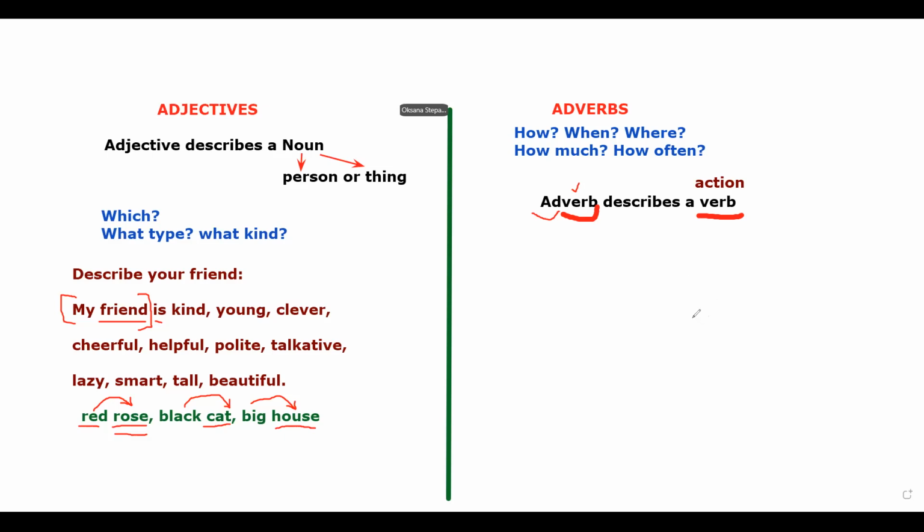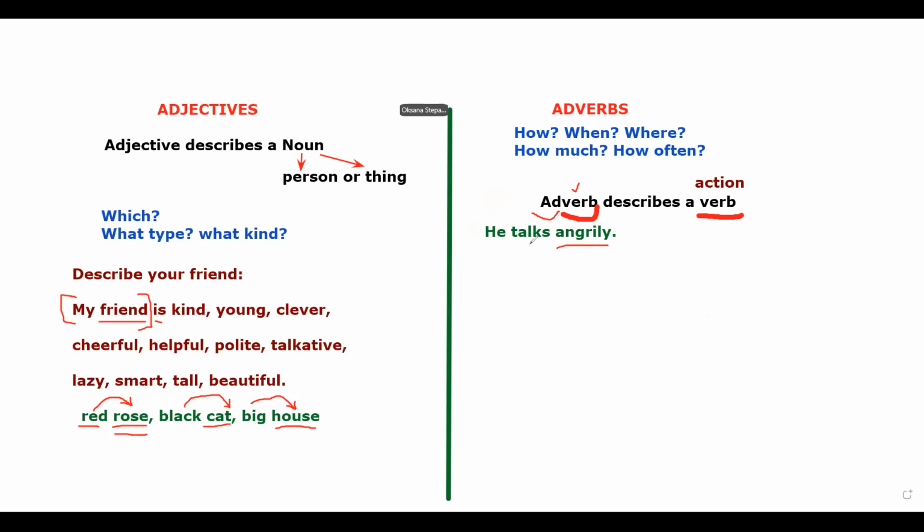Now, for example, let me give you an example here. He talks angrily. He talks angrily. Okay, so this is an adverb, right?